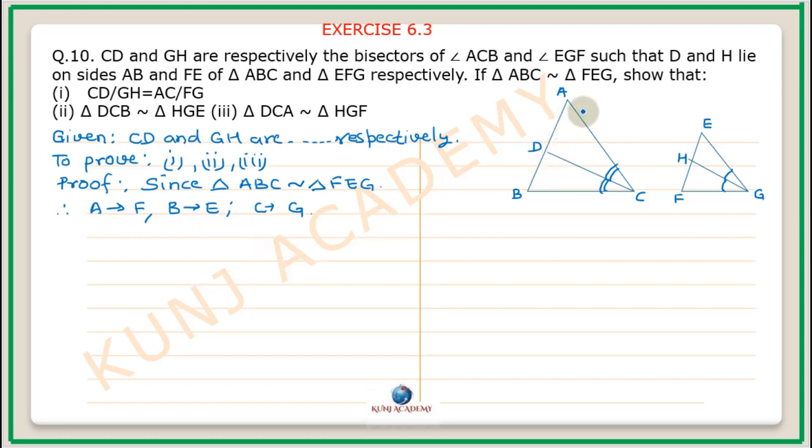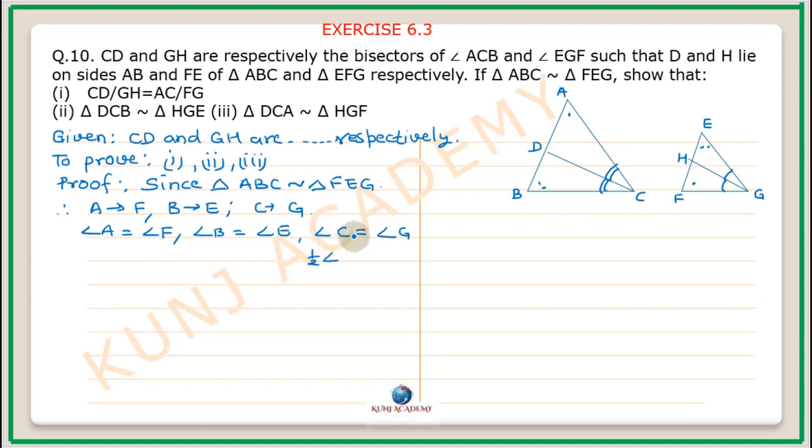Angle A is equal to angle F. Angle B is equal to angle E. And angle C, this whole angle, is equal to angle G, this whole angle.